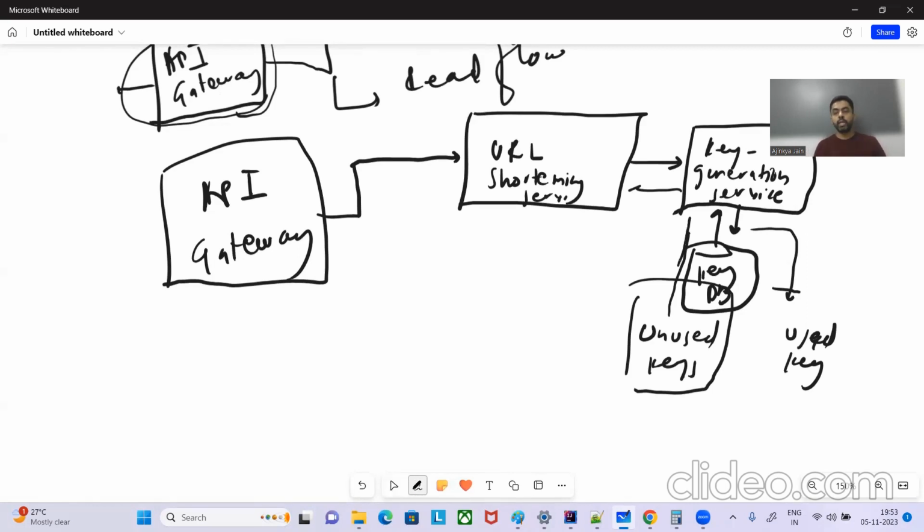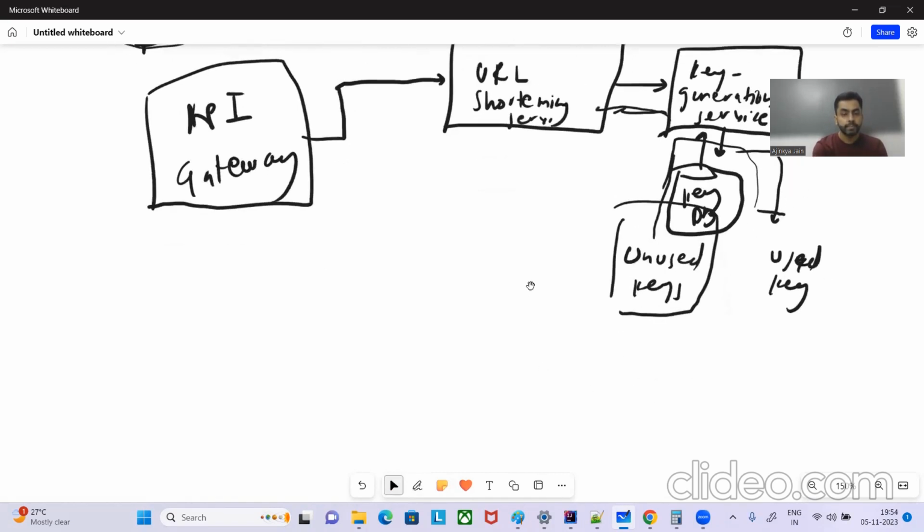So it will take the unused key, store it in the used keys, and return that key back to the URL shortening service, which will provide it to the user, passing it on to the API gateway. So this will be the write flow.